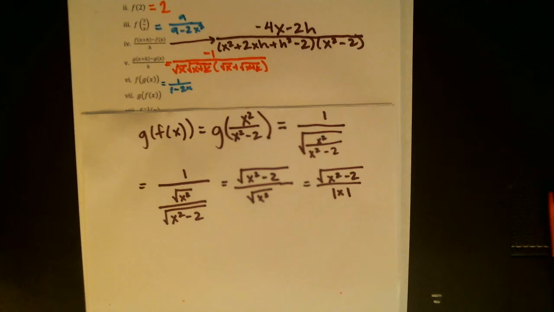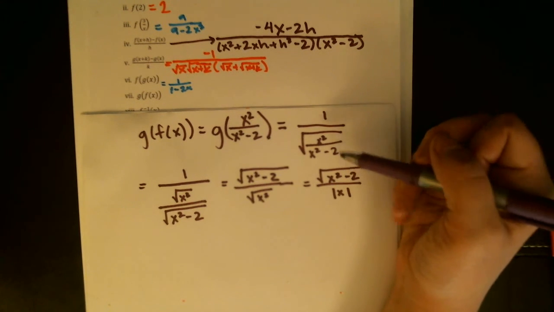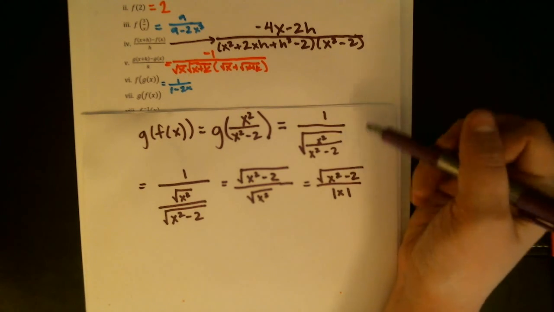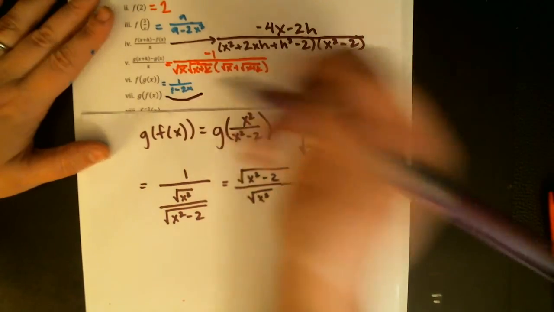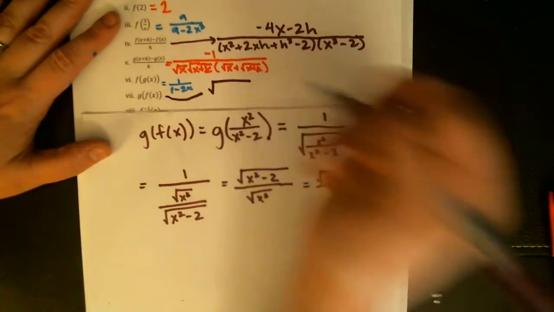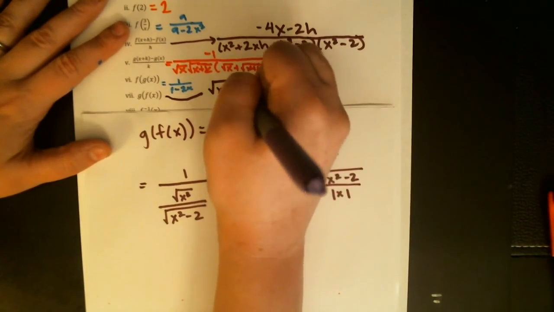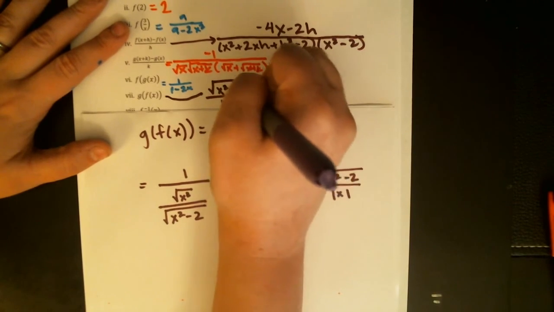We can't let x equal plus or minus root 2, and for this one, it has to be bigger or smaller. I don't want to sidetrack you guys into something really messy, so we'll just leave it at that: the square root of x squared minus 2 over the absolute value of x.